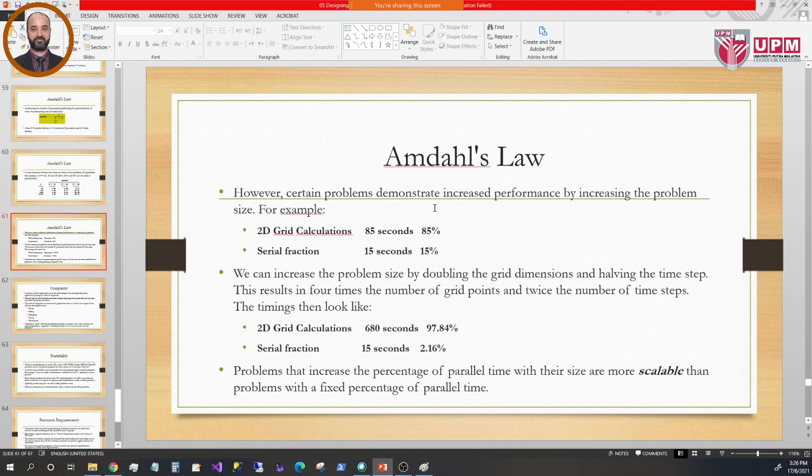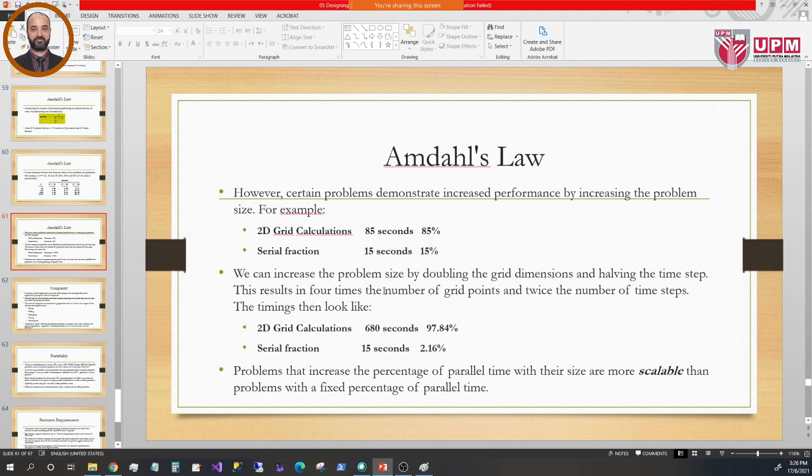However, certain problems demonstrate increased performance by increasing the problem size. For example, 2D grid calculation: 85 seconds, 85%, then the serial fraction is 15 seconds, 15%. Okay, we can increase the problem size by doubling the grid dimensions and halving the time step.